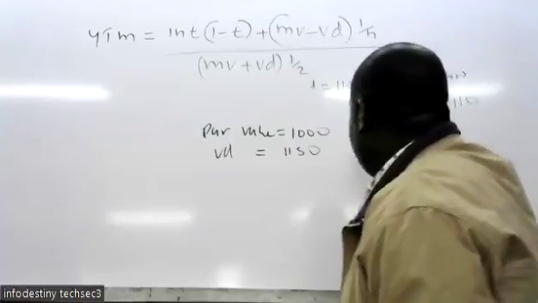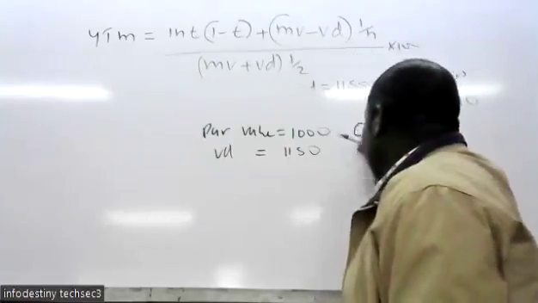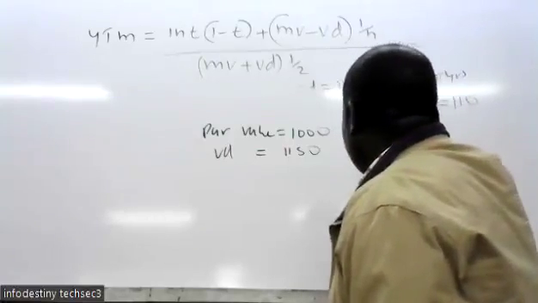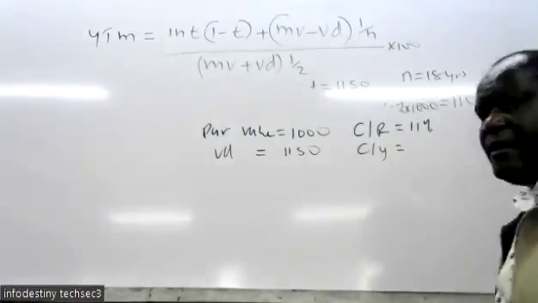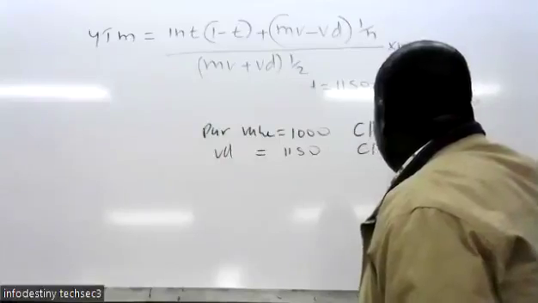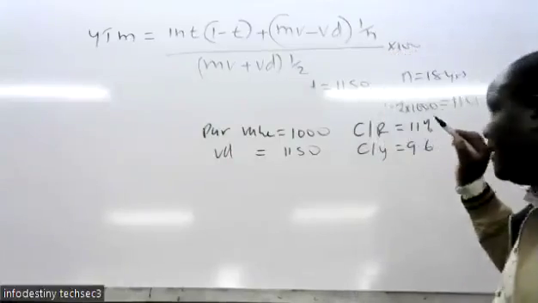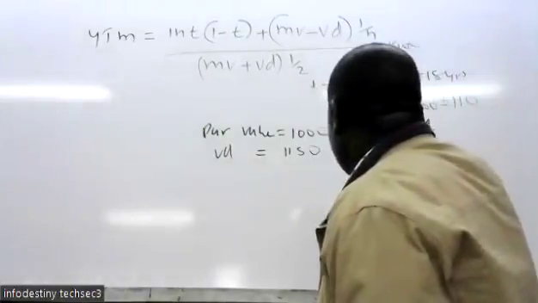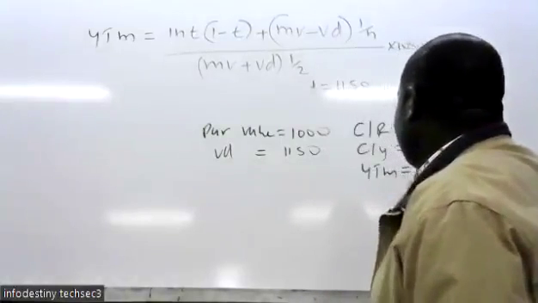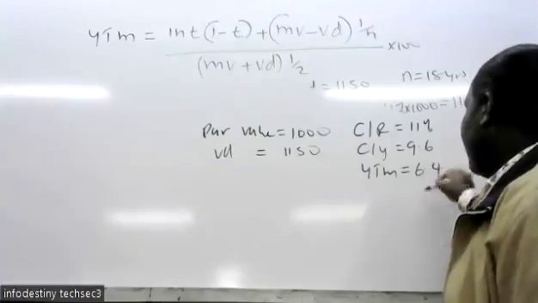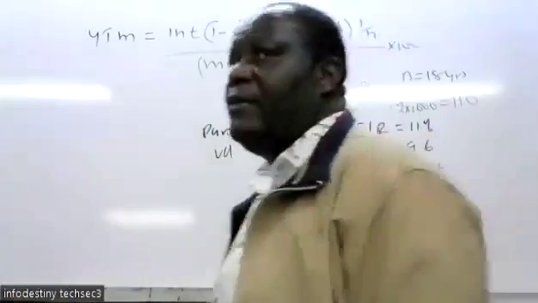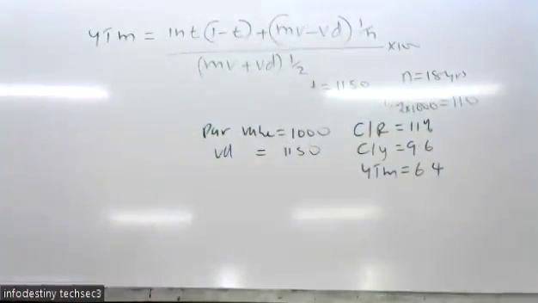Yeah, and then you calculated the current yield. Current yield, we got what percent? 9.6. Then now the yield to maturity is 6.39. Maybe we can just have it as 6.4.